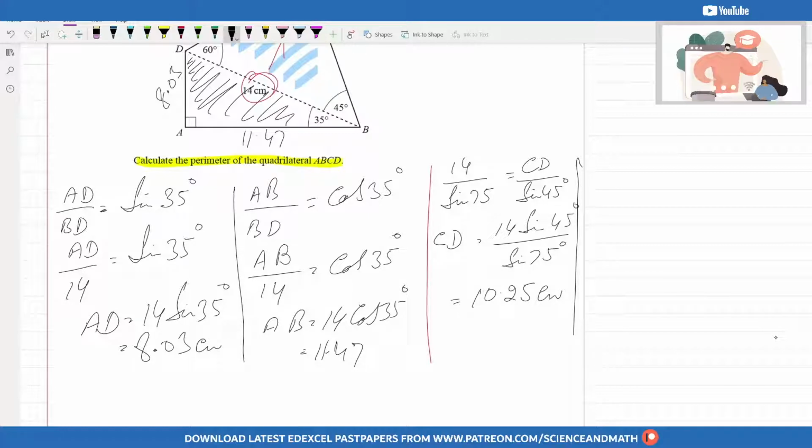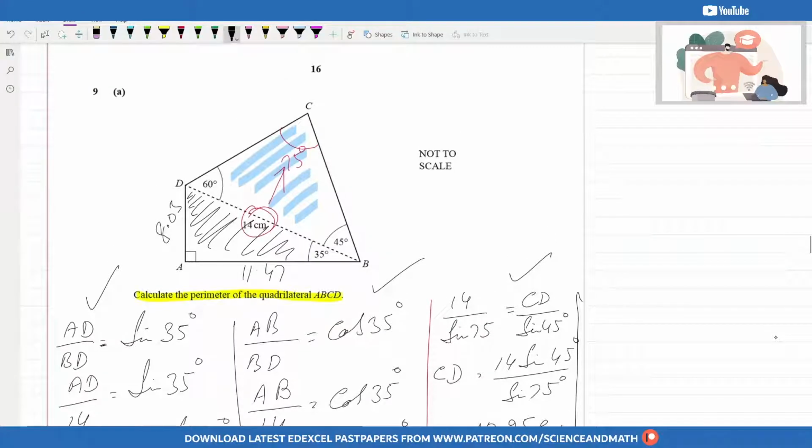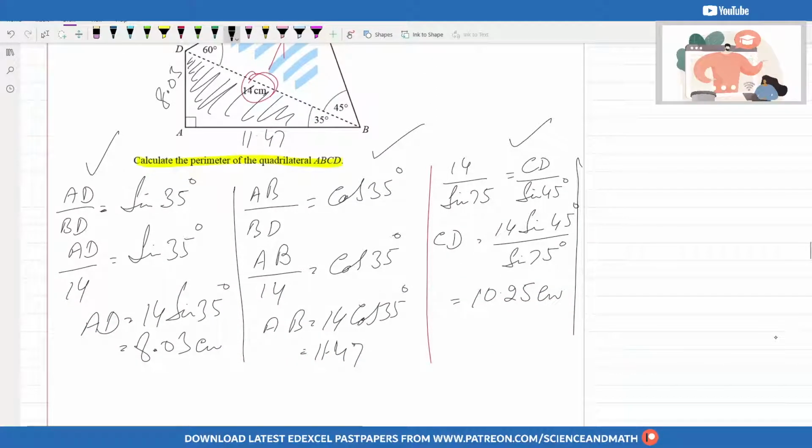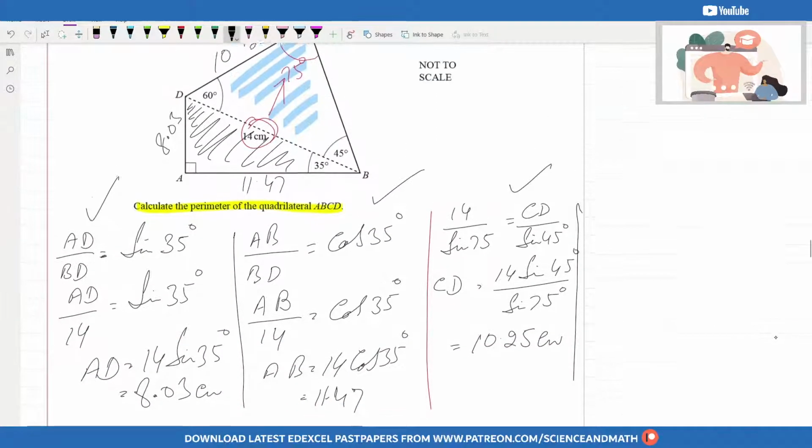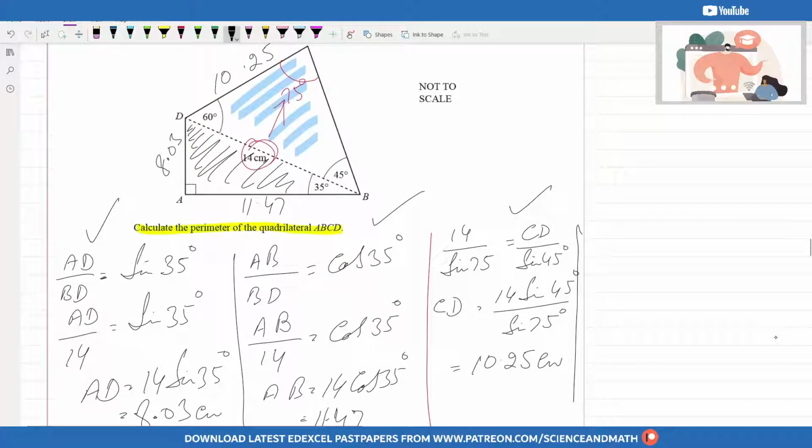Hopefully you are understanding. What we have done is apply trigonometry and then the sine rule. Now we can find the BC side also. This side is 10.25, and the BC side we can figure out. 14 over sine of 75 will be equal to BC over sine of 60, again applying the sine rule.